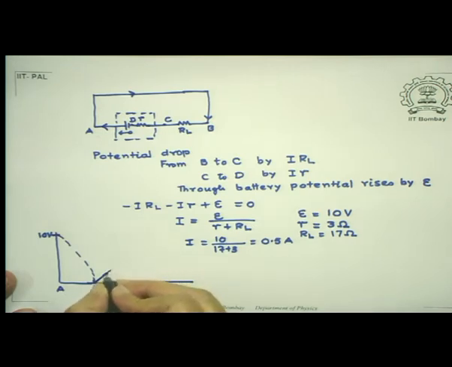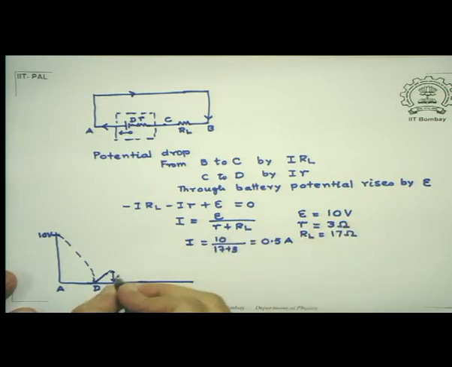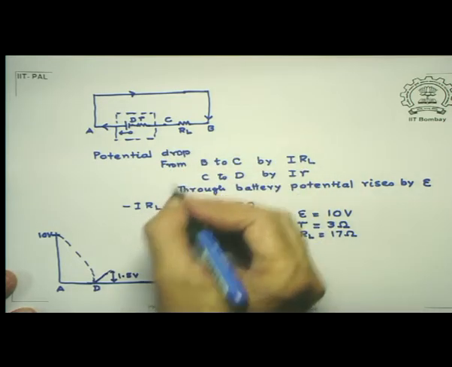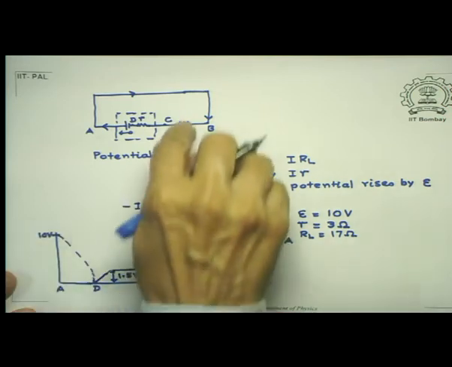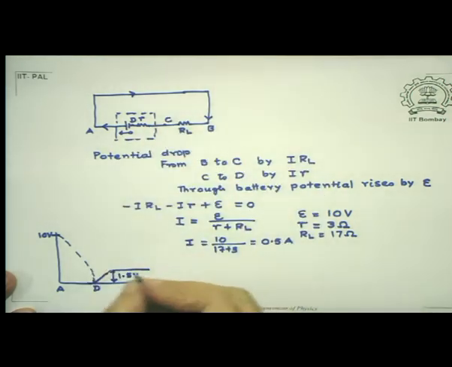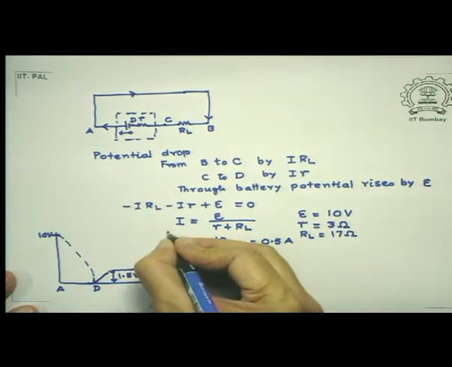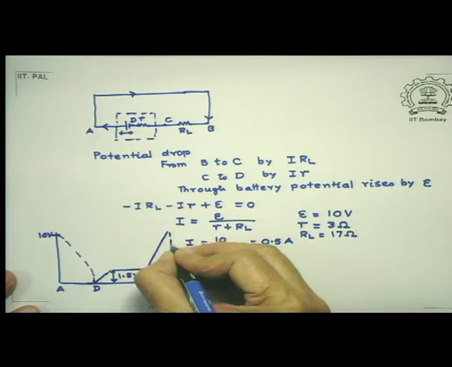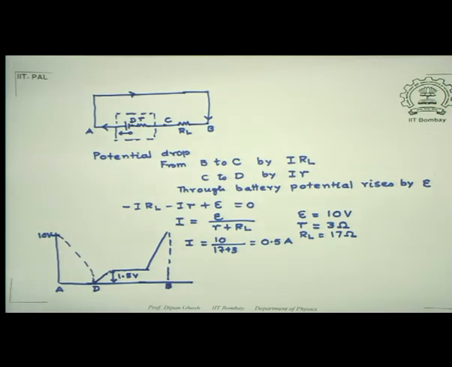And this rise, not to scale, is, current I is 0.5, r is 3, so this rise is 1.5 volts. Now, the potential remains the same up to this point, and then when it crosses the RL, it rises coming back to the value 10 once more. So, this is, if you like, the point B, which is obviously the same as the point A.